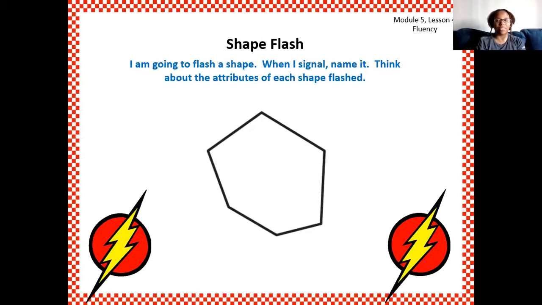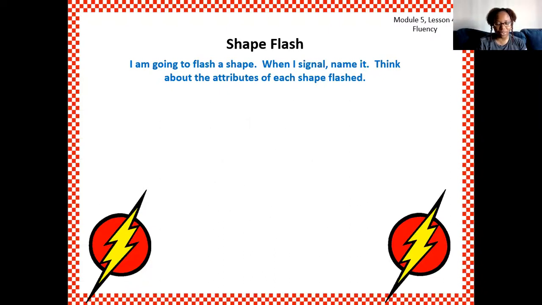Oh no, this was a little funny. That one went really quick, so I will help you out with that one. It had 6 sides. If a shape has 6 sides, what is it? It's called a hexagon. Everyone say hexagon.